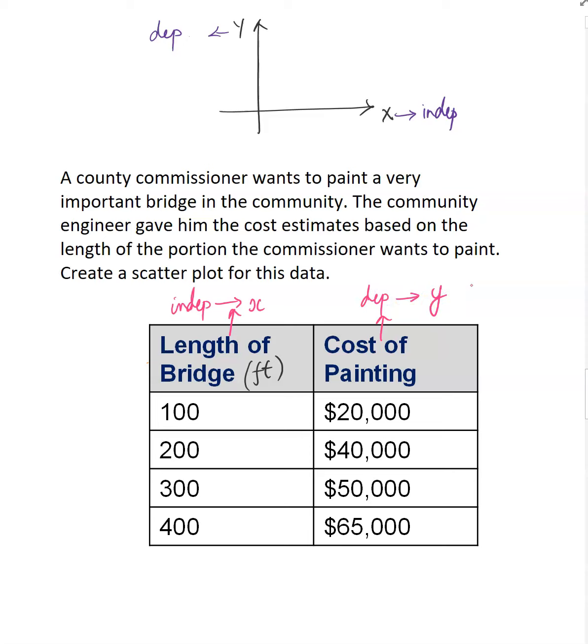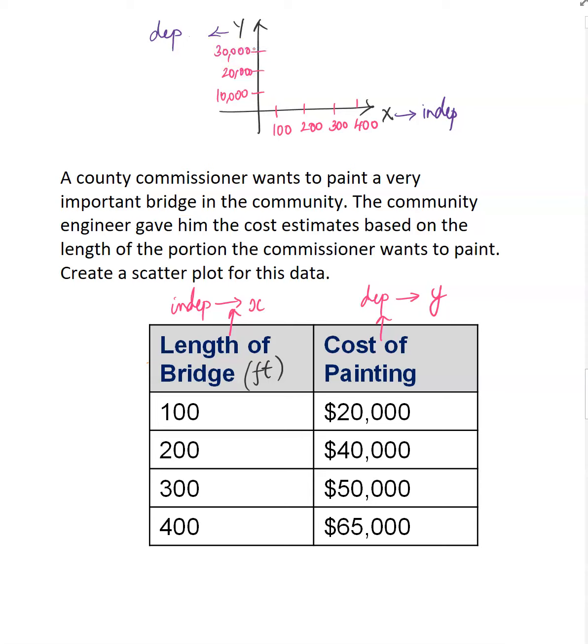Okay. So now that we've identified X and Y, you can go to your graph and do 100, 200, 300, right? And then go over here, and if you jumped by 10,000, this will be 10,000, 20,000, 30,000, and so on.